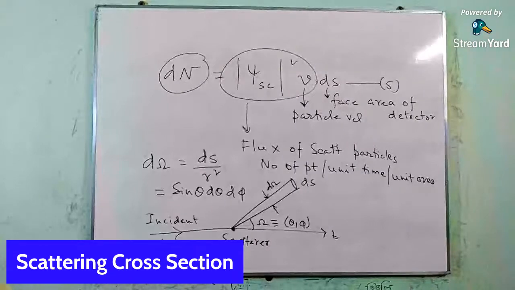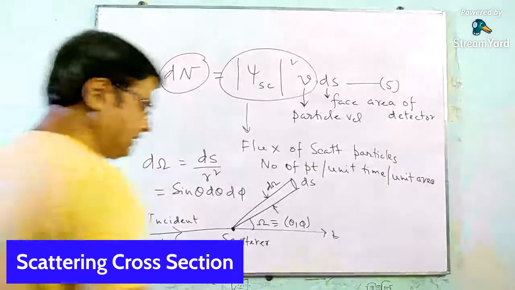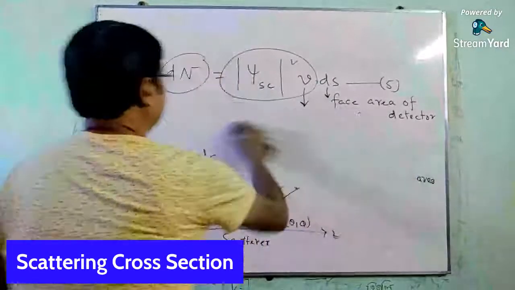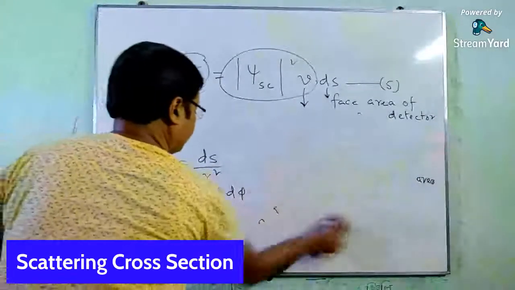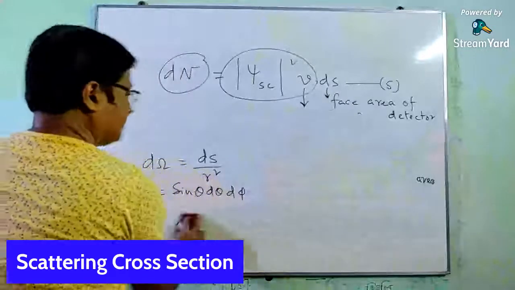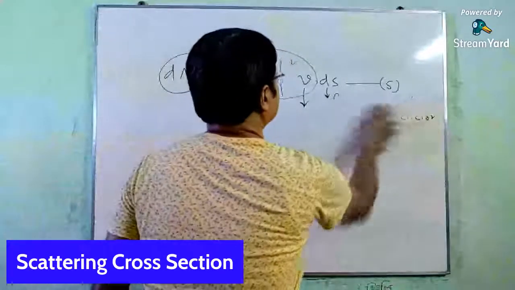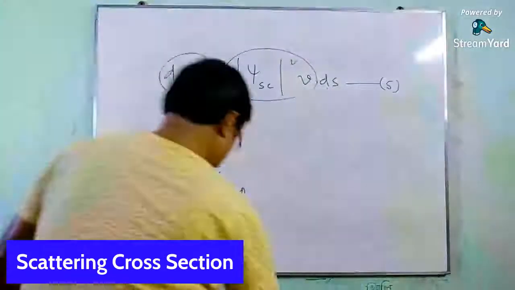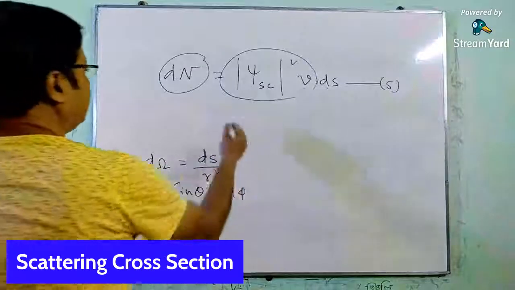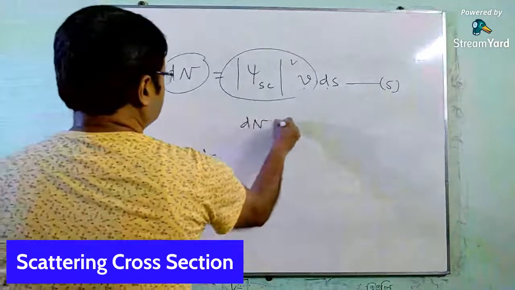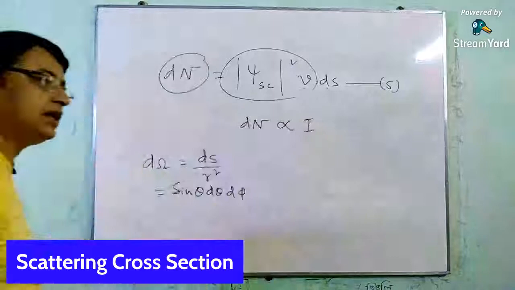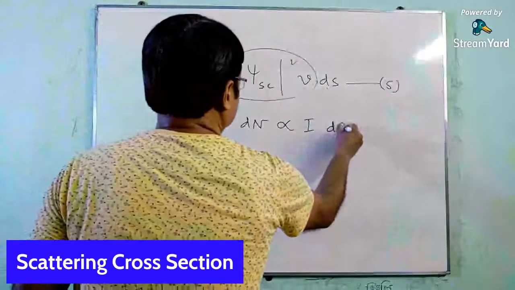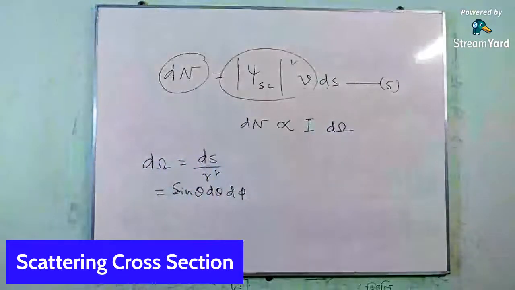Thus the number dn is proportional to the intensity of the incident particles as well as the solid angle d omega.